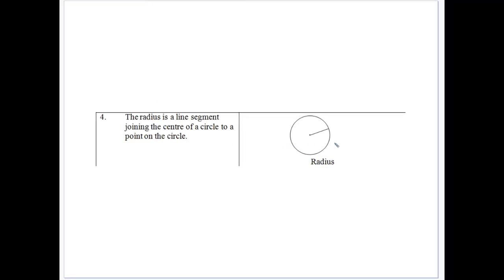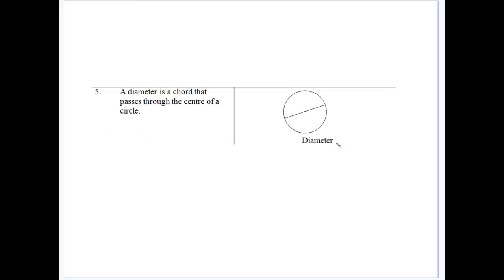Radius is a line segment. Okay, so it's only part of a line that goes from the center of the circle to its circumference, so joining the point on the circle. A diameter is a line that is a chord, really. So it's a special chord because it goes through the center. So the chord goes from one side to the other, but goes through the center.